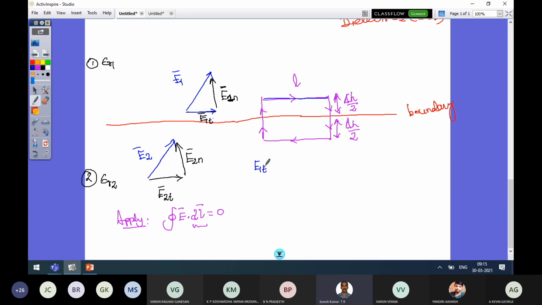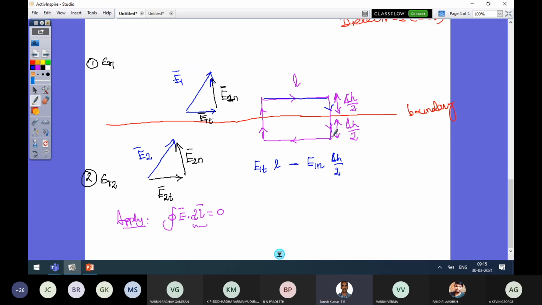So E1T multiplied with L, plus the other vector, which is the normal component E1N dot product with this displacement length, which is delta h by 2. But this displacement is in this direction, while the electric field is going upward. That's why we are putting a minus sign.